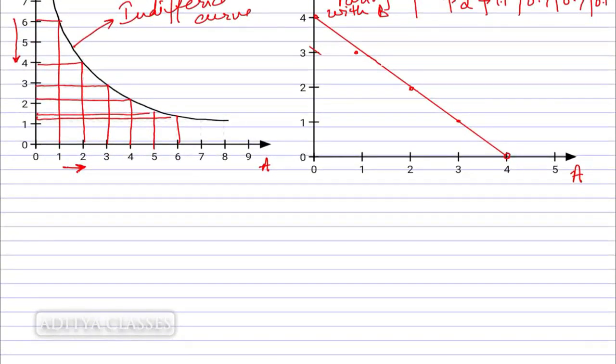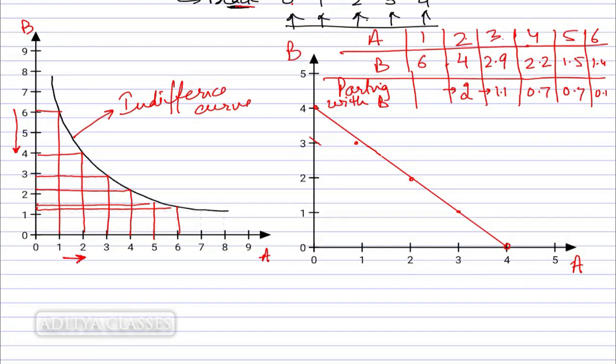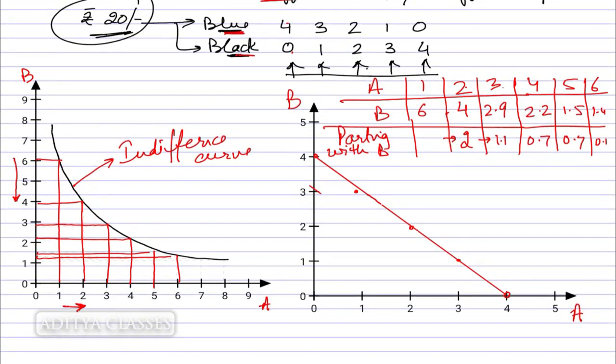If you have seen our other video on the budget set, in that video we saw the movement of the budget line towards left or right. The movement of the budget line towards left or right is determined by our budget. Now, this is the combination of commodities A and B that I'm ready to buy.